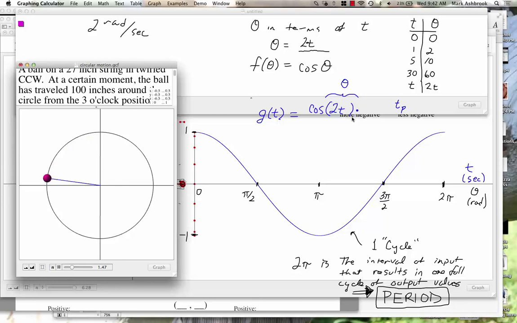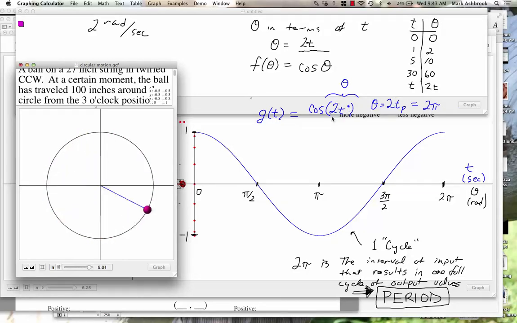Because this is our angle theta. When our angle theta reaches 2 pi, then we'll have a full cycle. So we're looking for the time such that the angle reaches 2 pi and therefore the cosine starts over again.